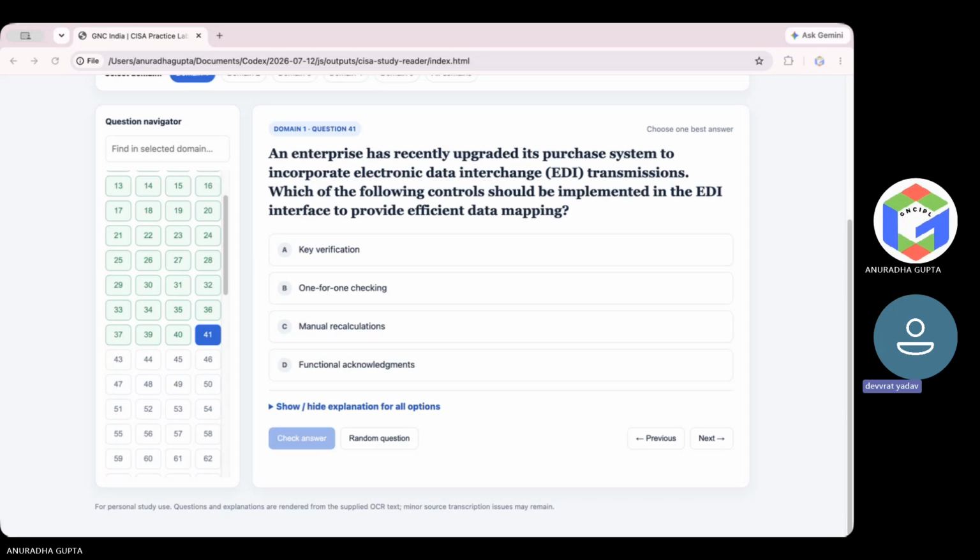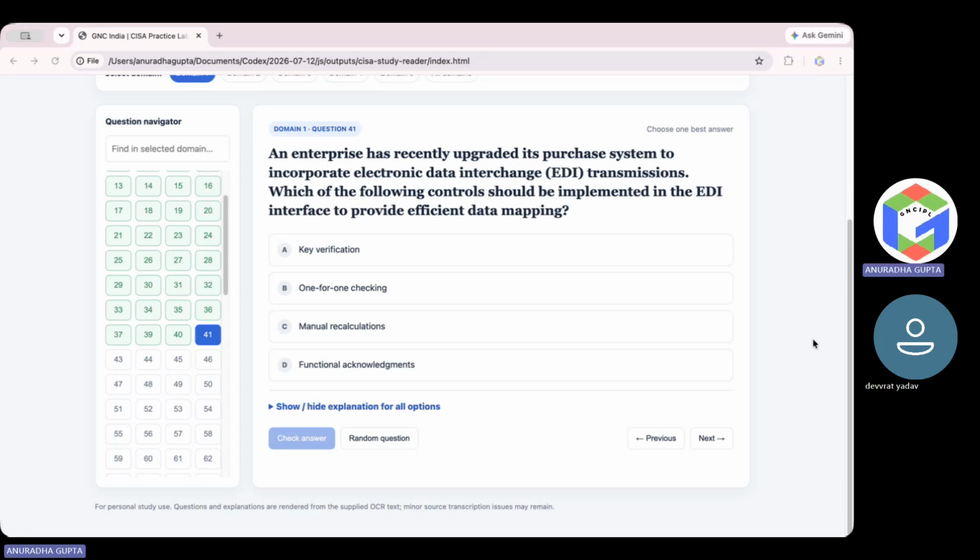The following components should be maintained: efficient data mapping, one for one checking, manual recalculation, functional acknowledgement, key verification. This also I have to guess only. I'm not sure.